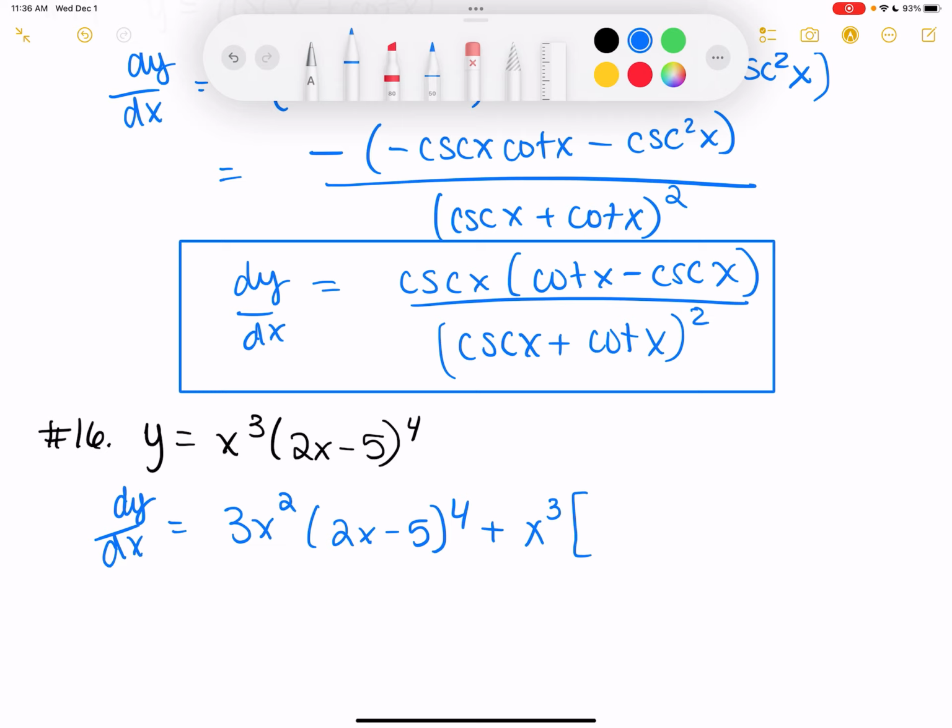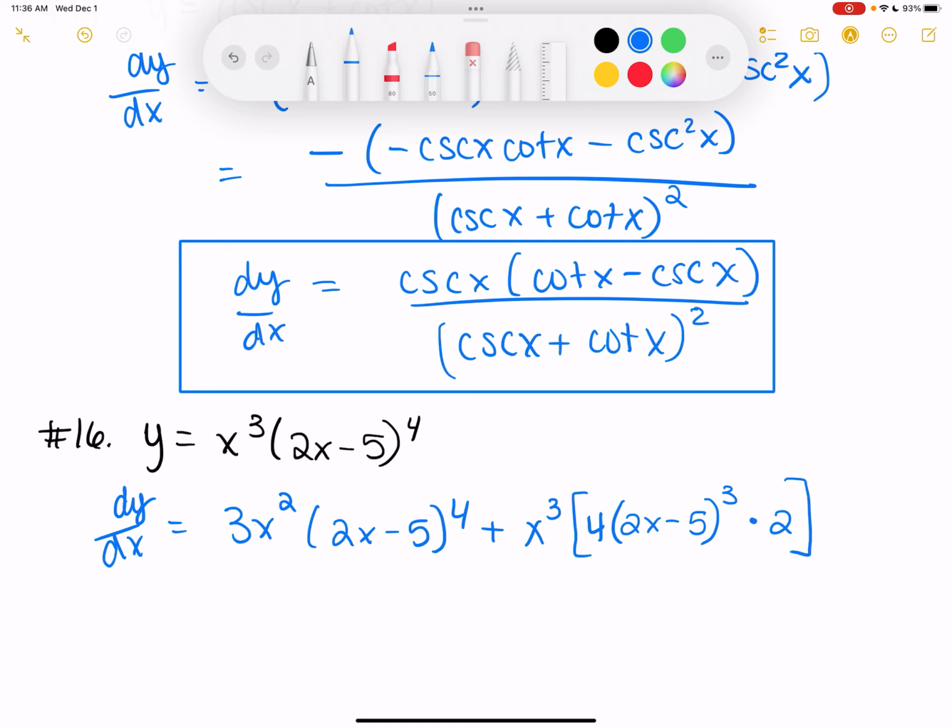So we're going to pull the 4 out front, and then keep the stuff that's inside, subtract 1 from the exponent, and then multiply it by what's inside. So the derivative of 2x minus 5 is 2.